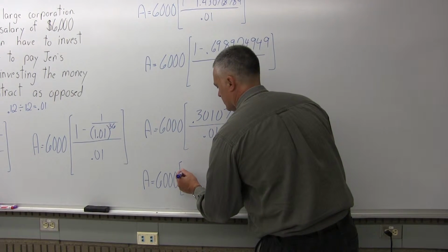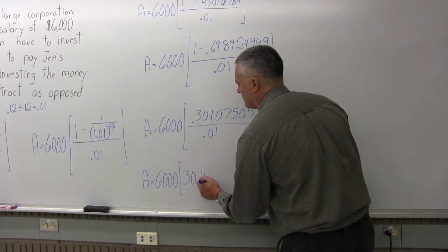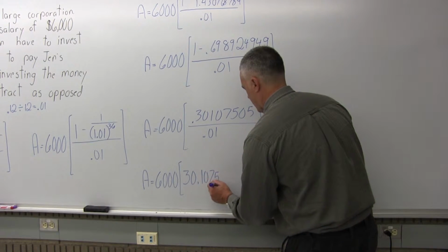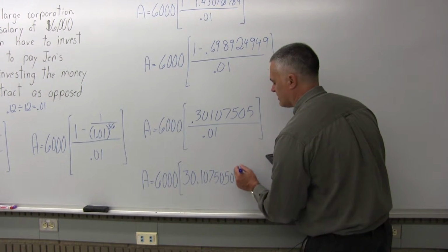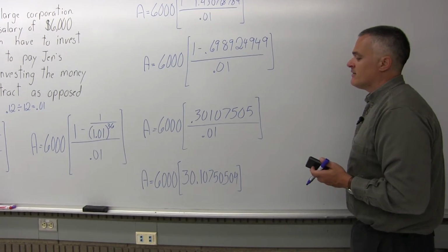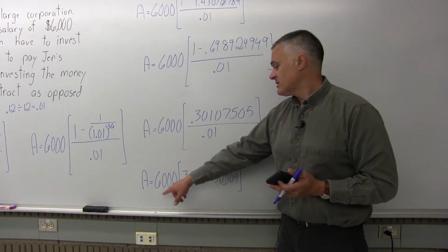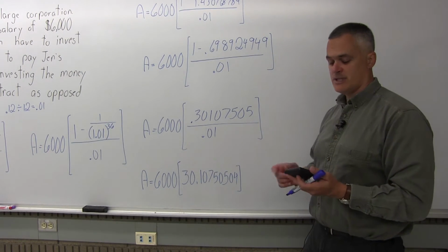And that is what happens. I get 30.10750504. The calculator has a little bit of room. It puts in a couple extra digits for me. And now to finish it, I'm just going to multiply the 6,000 in front of the brackets times the 30.10750504 that's in the brackets.